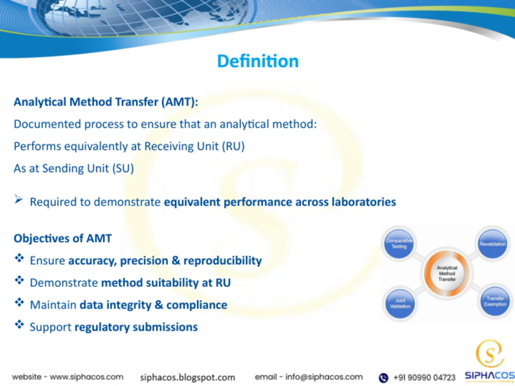Another key point is maintaining data integrity and ensuring compliance. This is vital because the data generated needs to be trustworthy, especially when it's used for regulatory submissions. Ultimately, AMT is about making sure that the transfer process supports high-quality, compliant, and reproducible analytical results across different laboratories, reinforcing confidence in our data and processes.